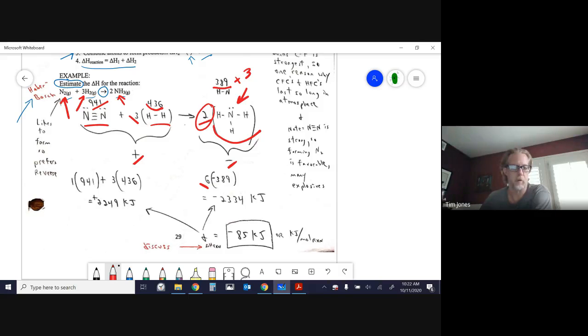I've added up all my reactants here, all of my products here. You add it together, and you end up getting negative 85 kilojoules based on the reaction as written, or again, you could say kilojoules per mole reaction if you prefer. And we already discussed that earlier above.